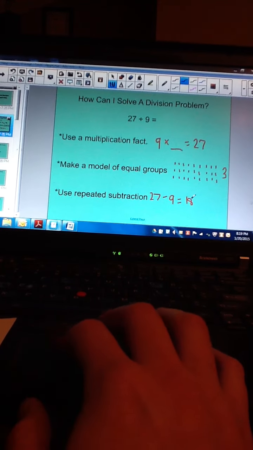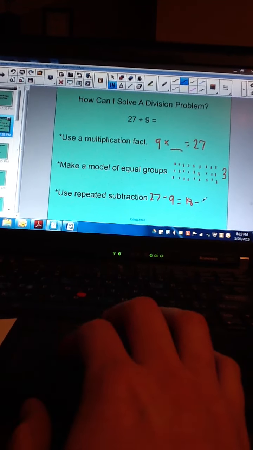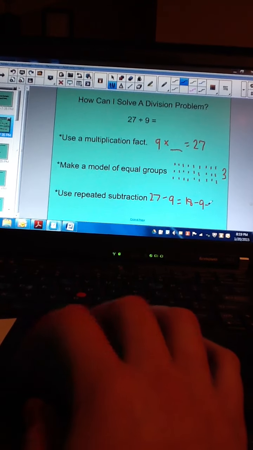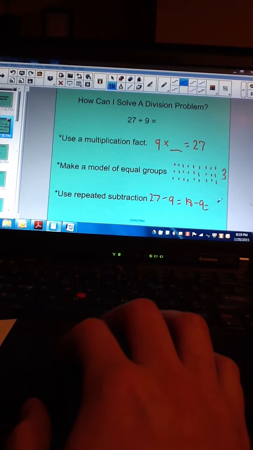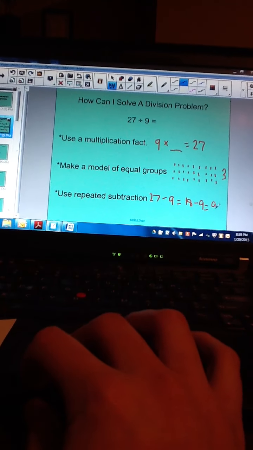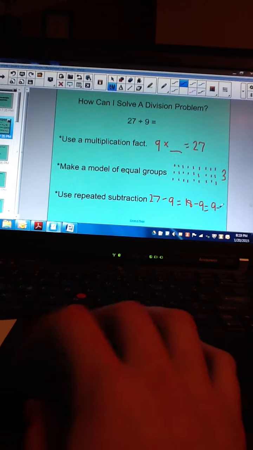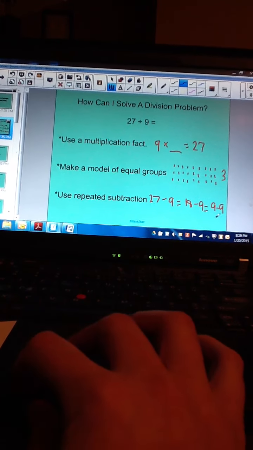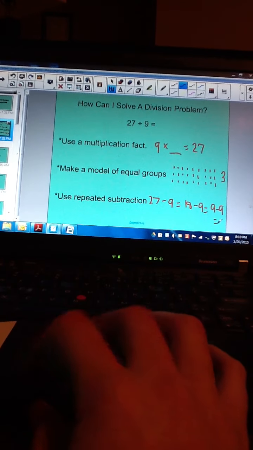Then I would take 18 and subtract 9 again. And I would get, hopefully you said 9. Then I would subtract 9 again, and I would get, hopefully you said 0.